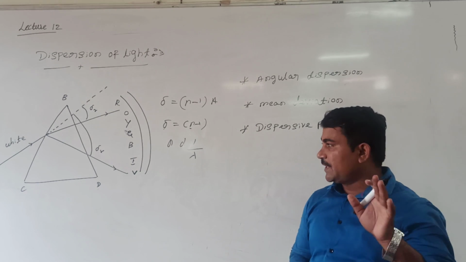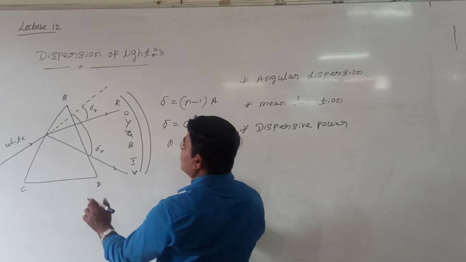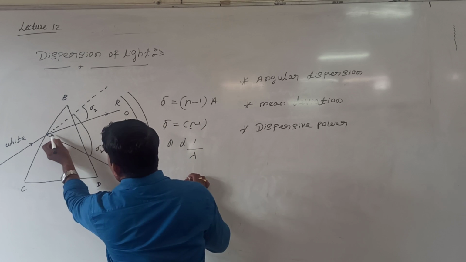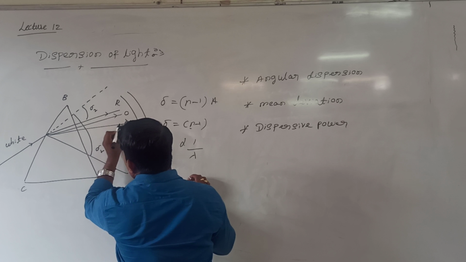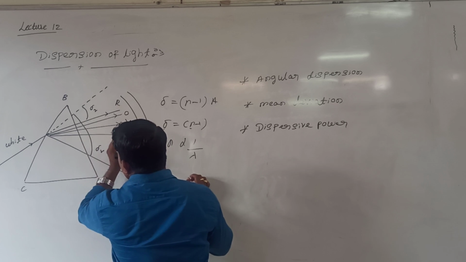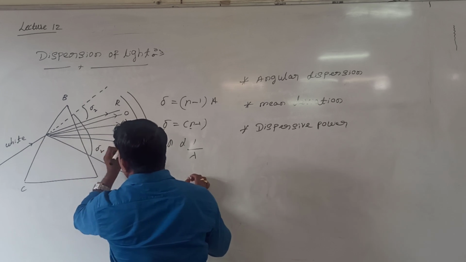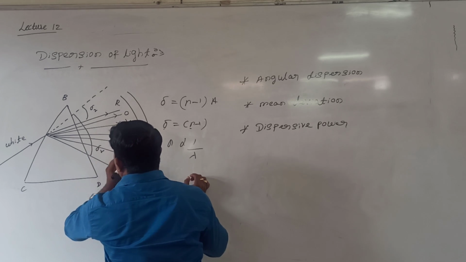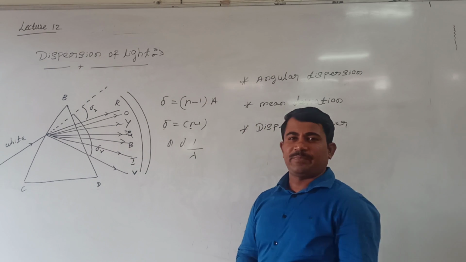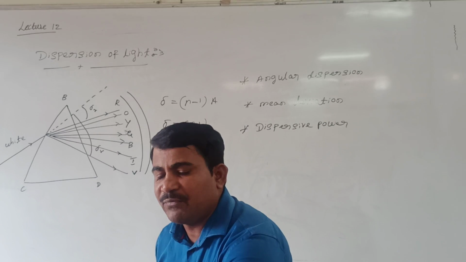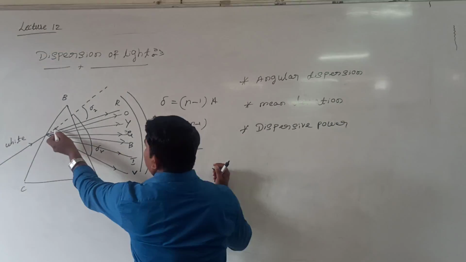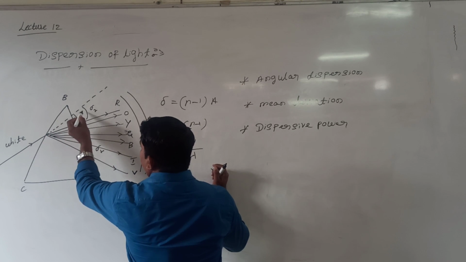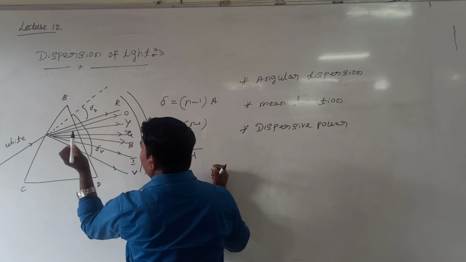Angular dispersion. See here. There are so many colors: red, orange, yellow, green, blue, indigo and violet. Are you following? Now I can define the angle of deviation for each color. See here, the angle between the incident ray and the red light we call the angle of deviation.